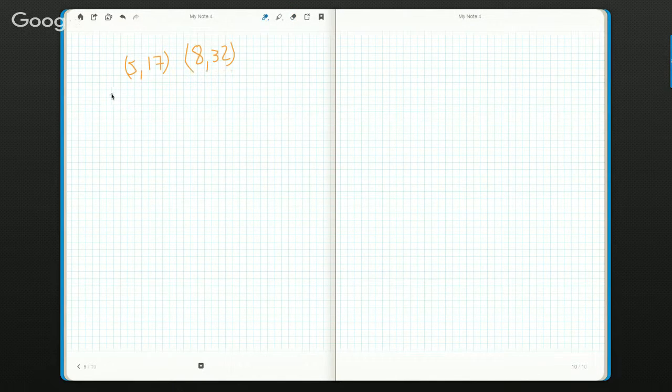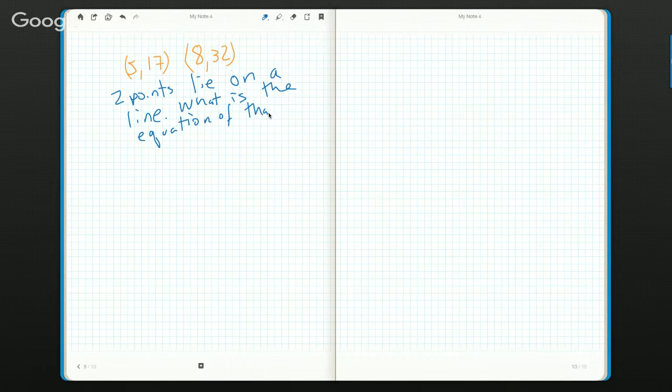So these 2 points lie on a line. What is the equation of that line?